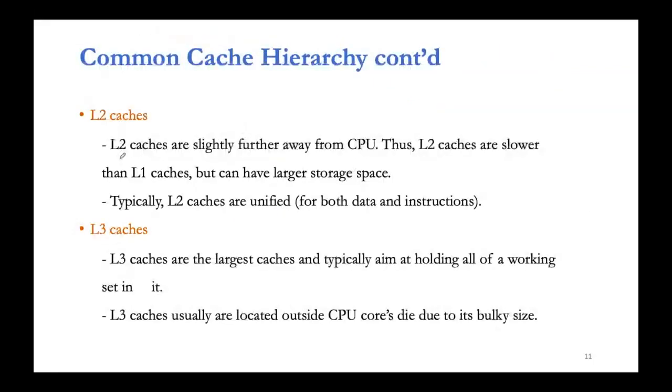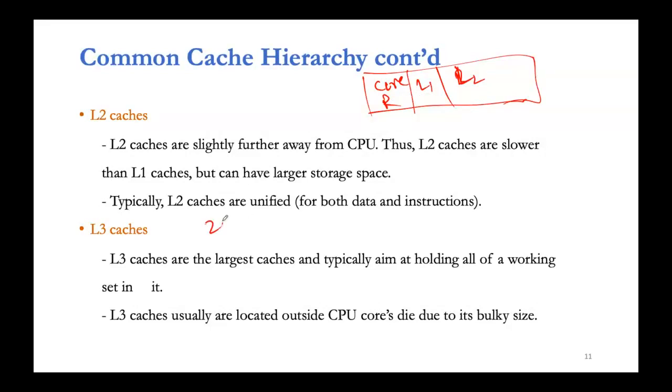Then the L2 caches are slightly further away from your CPU, as we saw. So from the core CPU we have registers, then L1, and then L2 caches. Thus, L2 caches are slower than your L1 caches, but have larger storage space compared to L1.